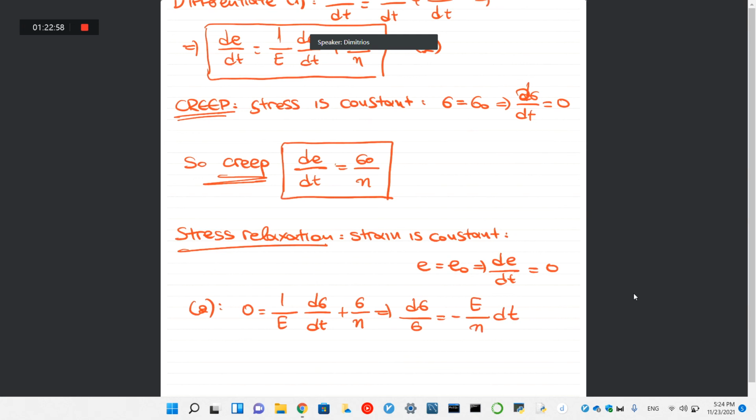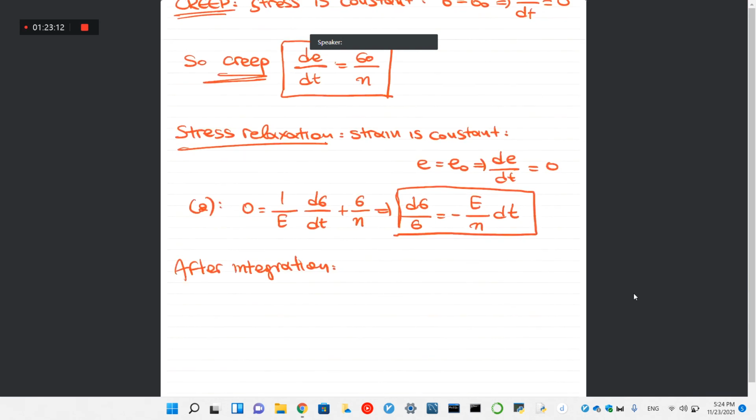So after integration, and for t equals 0 to t, sigma 0 to sigma, we obtain sigma equals sigma 0 exponent of minus E over eta t, and then the final equation is sigma equals sigma 0 exponent of minus t over tau 0.